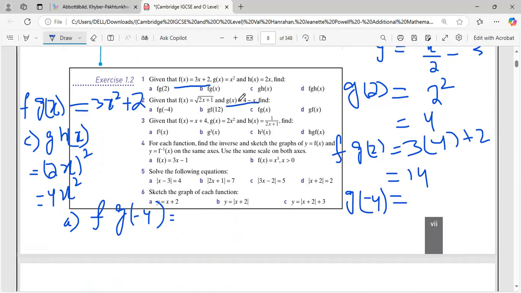We put negative 4 in place of x. So negative of negative 4 is positive 4, 4 plus 4, 8. So g of negative 4 is equal to 8. Now f of g of negative 4, g of negative 4 is 8, so it means f of 8. We just put 8 in place of x. So root of 2 times 8 plus 1, 8 times 2 is 16, 16 plus 1 is 17. So root 17 will be your answer.